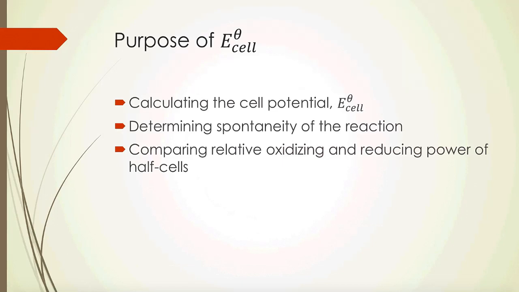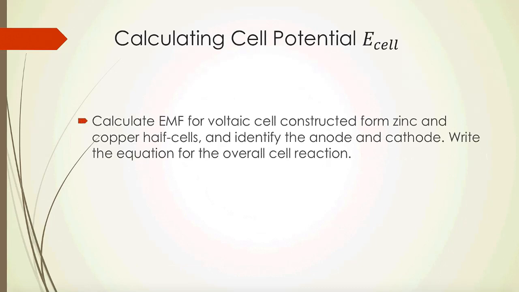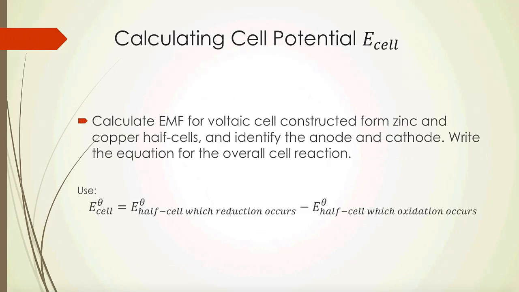We're going to start by calculating the cell potential. Calculating cell potentials follows a very simple equation: the standard cell potential equals the standard electrode potential of the half cell that's reduction, so at the cathode, minus the anode.